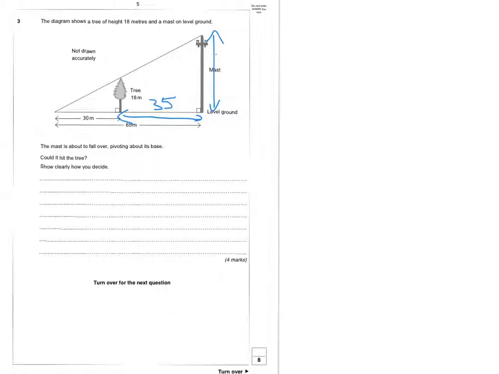It's similar triangles because they have the same three angles, so similar triangles. So 30 times something equals 65, and 18 times A equals the mast.